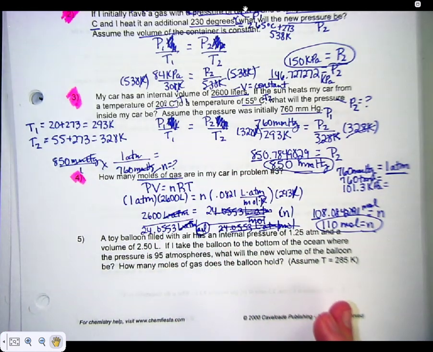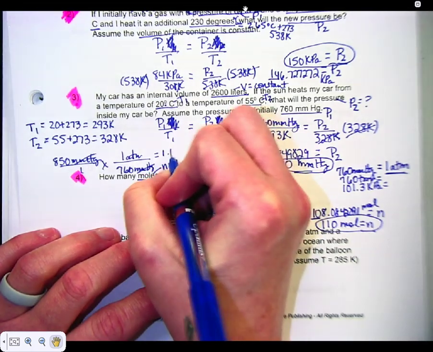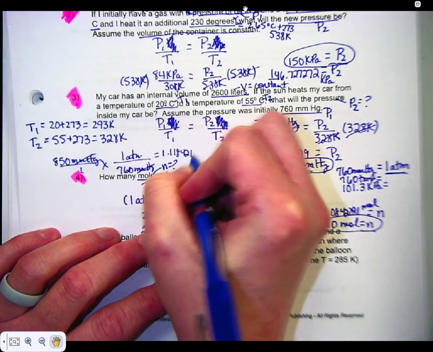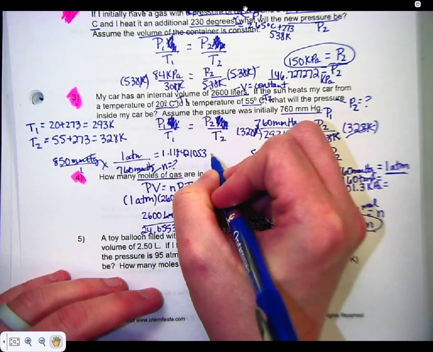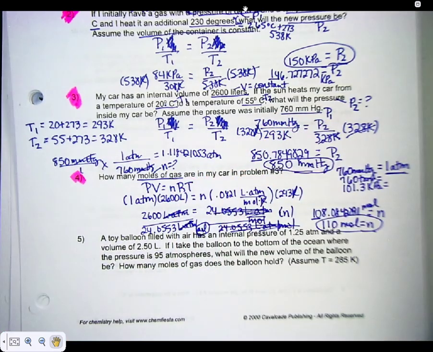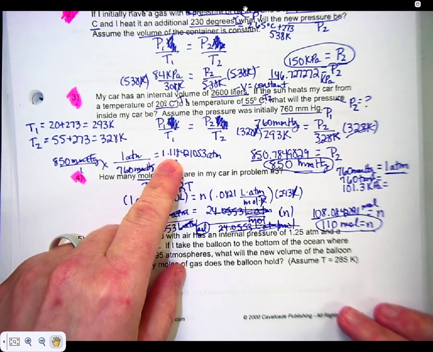So 850 divided by 760 gives you 1.118421053, and I'm not rounding that because that's not a final answer.